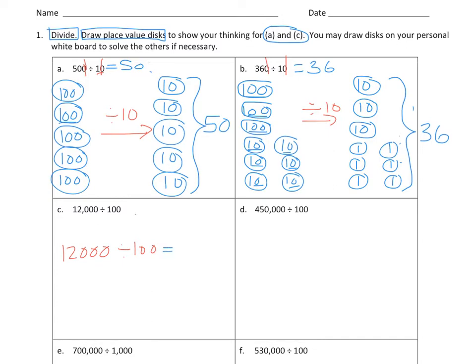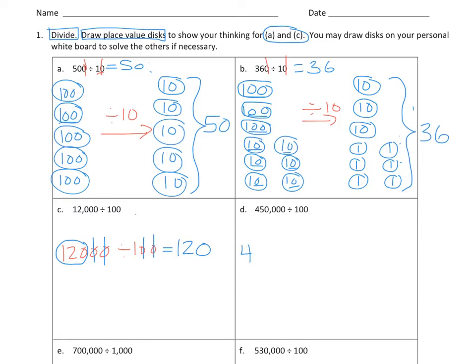It's going to move 2 times to the right on the place value chart to get smaller. Well, just like the pattern up here, if there are 2 zeros in 100, we're going to cross off the 2 zeros. And then we do the same thing in 12,000, and what's left over becomes our quotient, or the answer to a division problem, so 120.